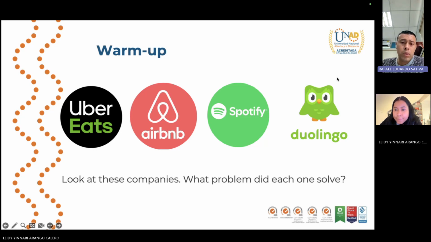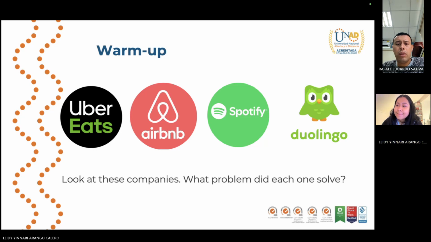It is for delivering food to people. Airbnb is for searching any place where you can spend the night.